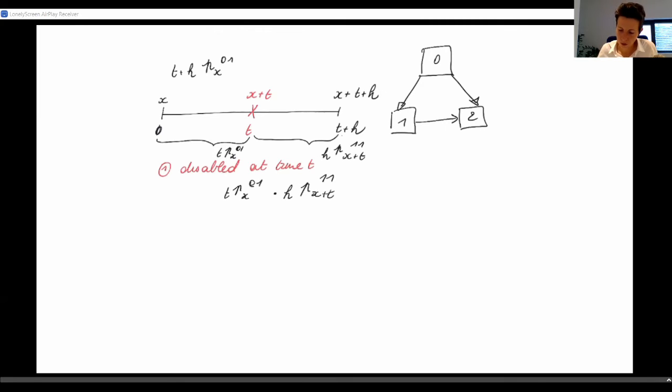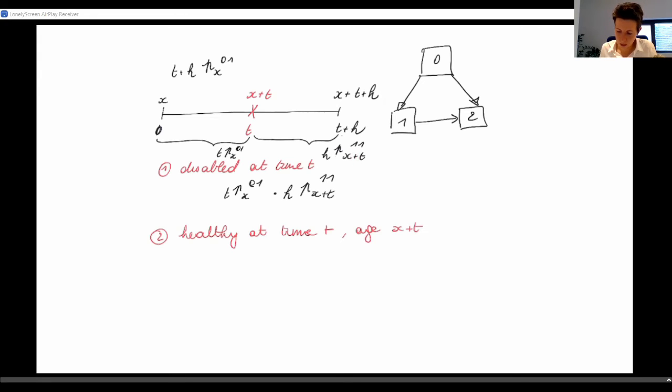On the other hand, if my life would be healthy at time t, at age x plus t, then what is the probability that in this scenario I will end up in the disability state at the end of my interval?